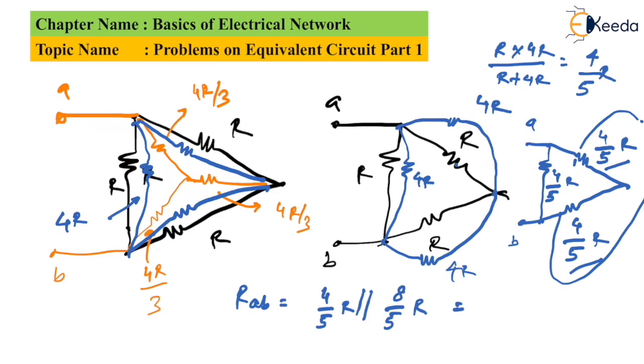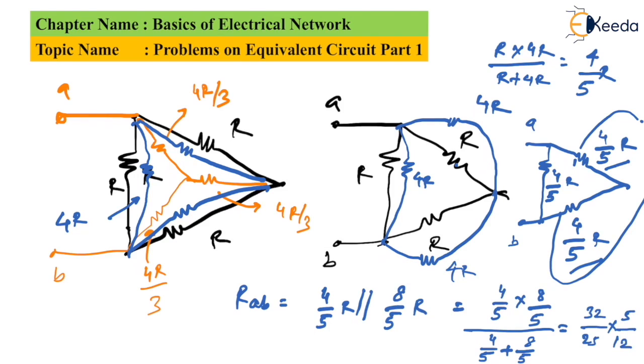Therefore, equivalent becomes 4 by 5 multiplied by 8 by 5 divided by 4 by 5 plus 8 by 5, which becomes 32 by 25 multiplied by 5 by 12.